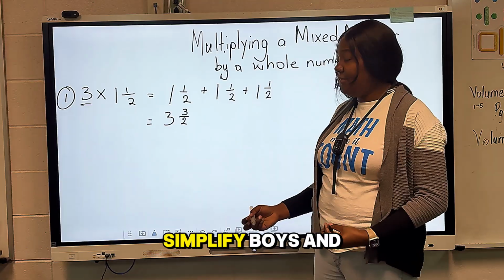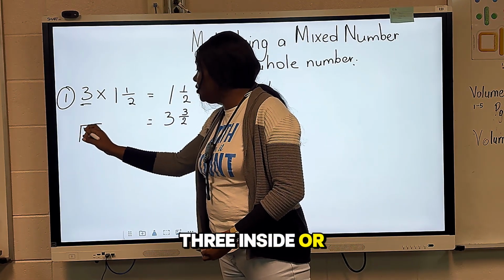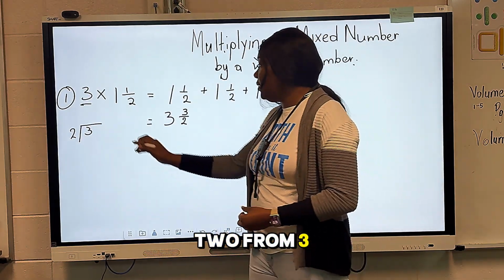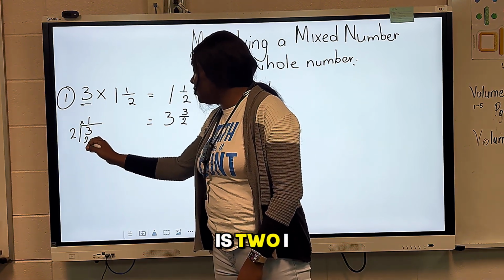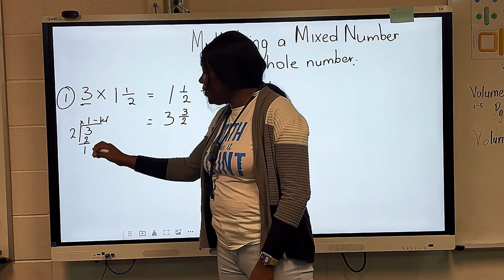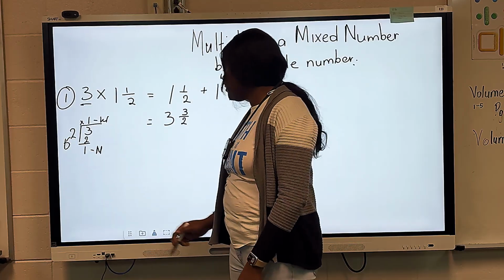Remember how we simplified, boys and girls. We put our 3 inside and 2 outside. How many times do I get 2 from 3? 1. This one is pretty easy, right? 2 times 1 is 2. I have 1 left. Whole number, numerator, and denominator.